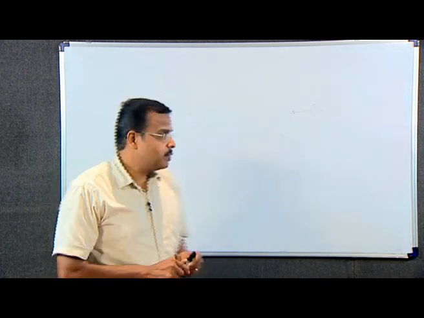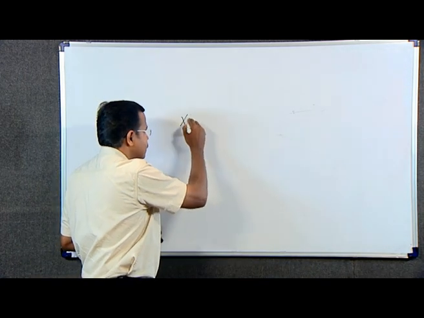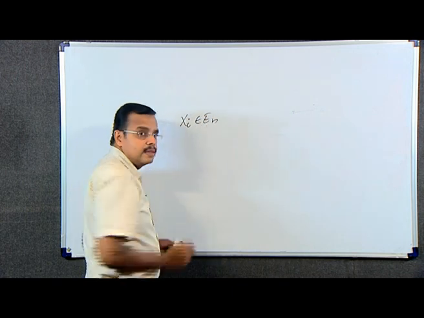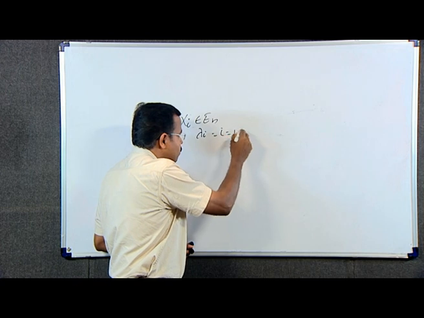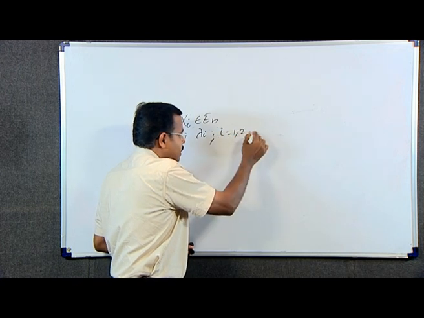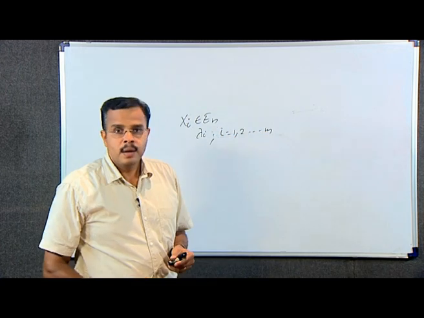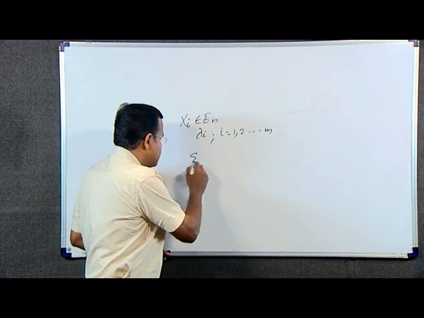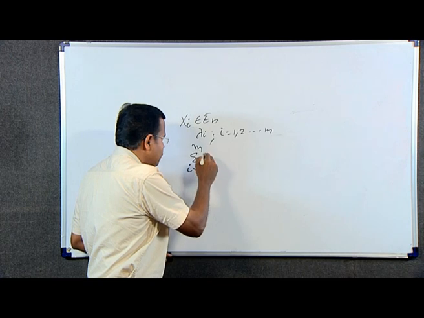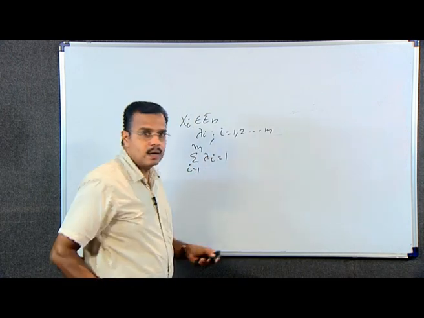Let xi belong to E n, and lambda i for i equal to 1 to m be non-negative real numbers such that the summation of lambda i from 1 to m equals 1.